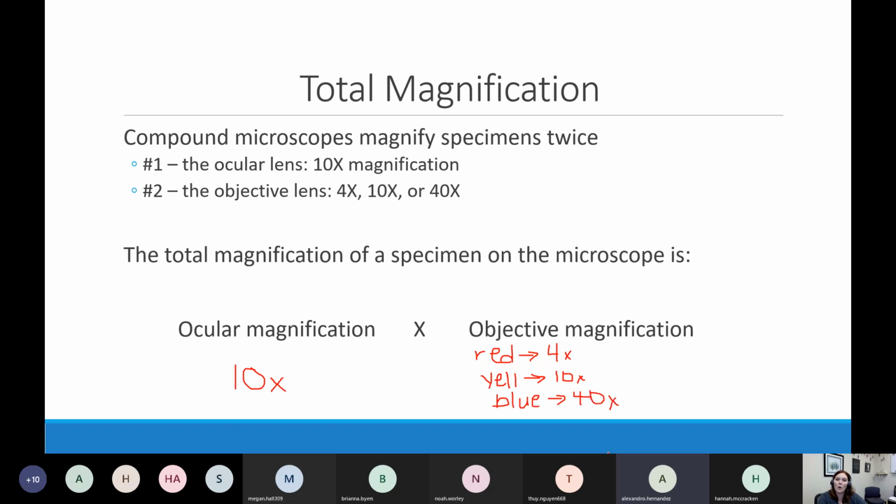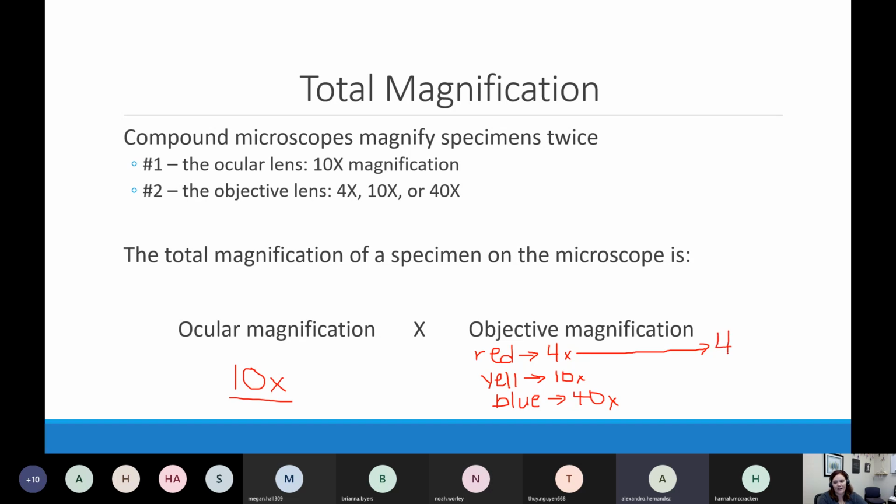So if I want to know the total magnification, just how much bigger we're actually making things with each of these objectives in place, I have to do 10 times 4. It's simple math. Help me out. 10 times 4, what would my total magnification be? 10 times 4.